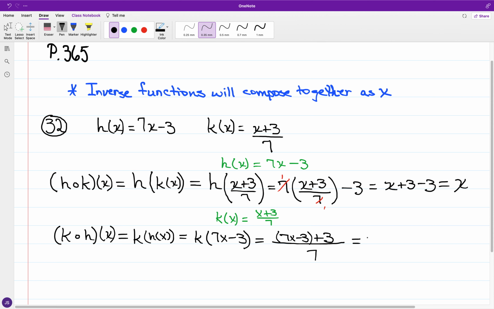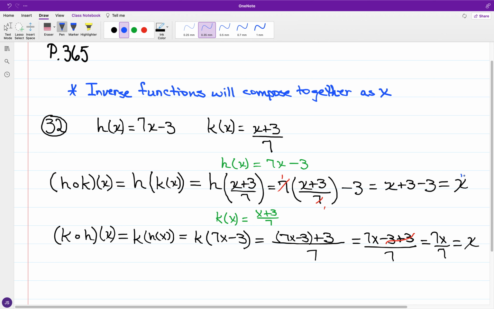And if I gather together, you have 7x minus 3 plus 3 all over 7, and the negative and positive 3 cancel out. So you have 7x all over 7, and that also reduces to x.